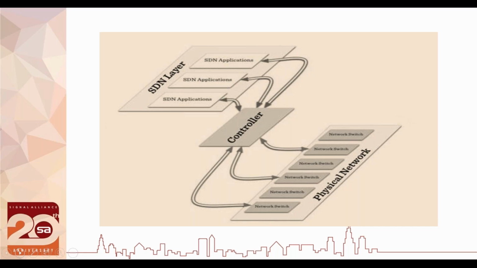But what SDN is proposing is that there are going to be three different layers. There's going to be the SDN application layer, the software-defined network layer. There's going to be the controller layer, and then there are the physical network devices themselves: the routers, the switches, the firewalls, the load balancers, and all of that.